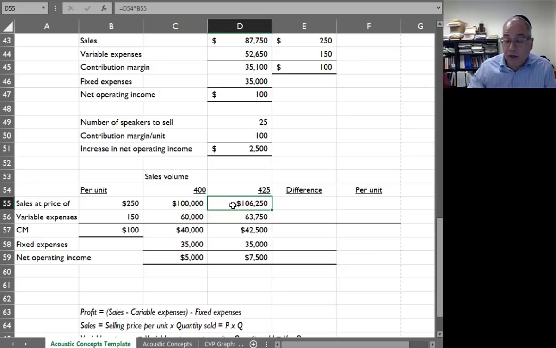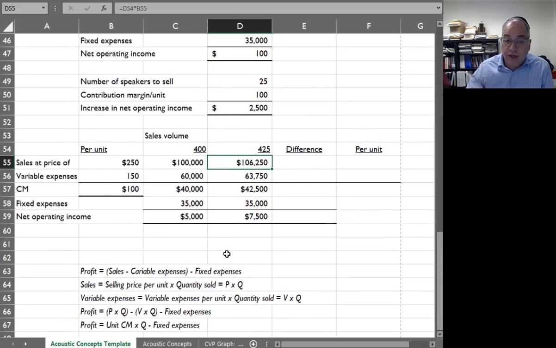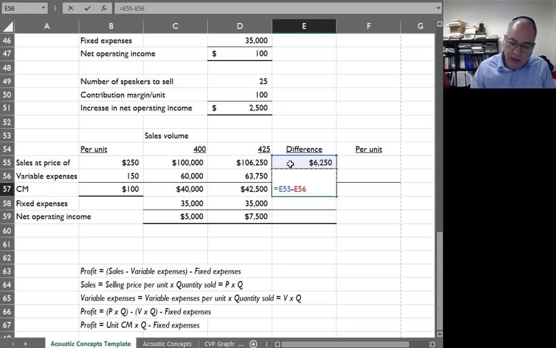So for example, if you had 425 units, this is what would happen. And what would an additional 25 units do? It would give you additional sales of $6,250. It would give you additional variable expenses of $3,750. So it would give you another $2,500 in contribution margin.